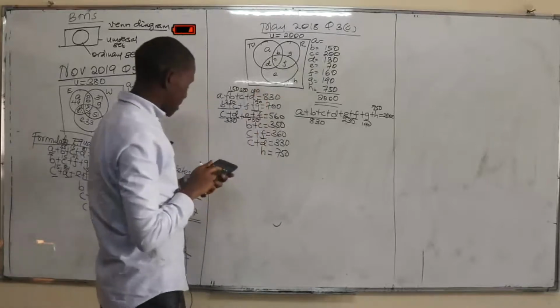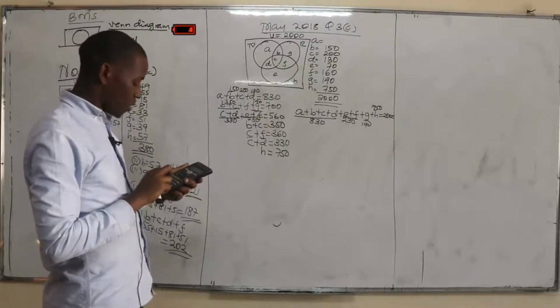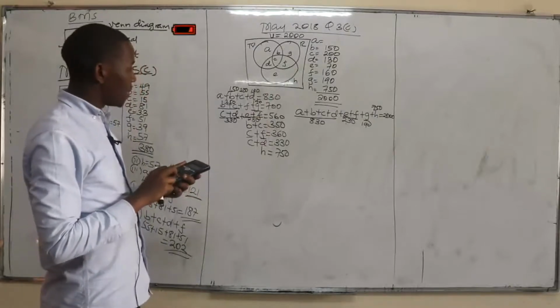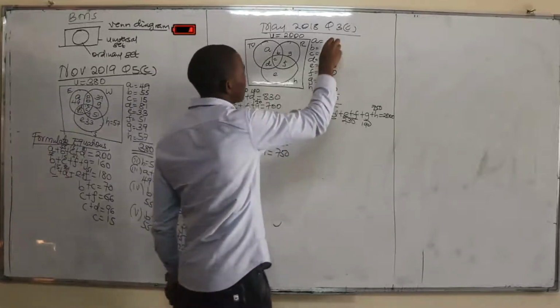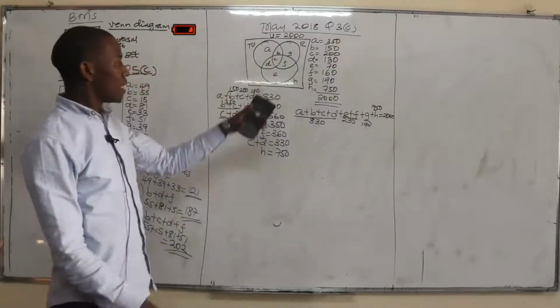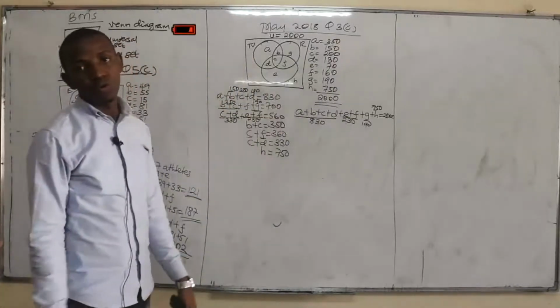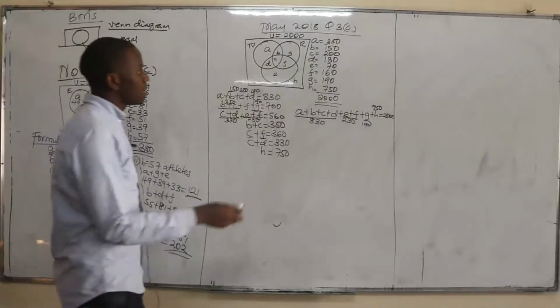So we can get A: 150 plus 200 plus 130, and then you take 830 minus the answer, which is 300. When you add all that, it should give you 2,000.